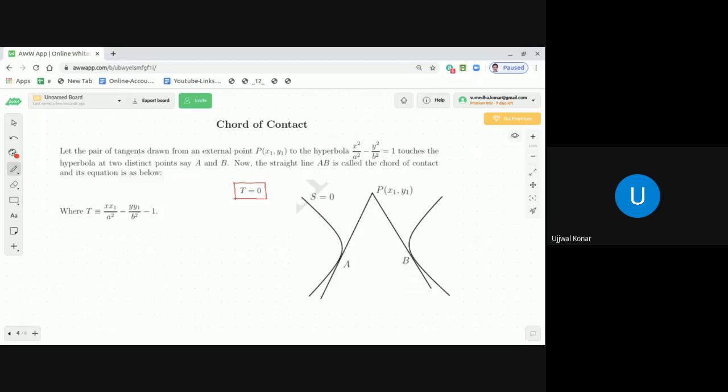So how can we draw the straight line AB? Let us draw it in blue color. It will be something like this. Correct, dear students? This line in blue color is known as the chord of contact.